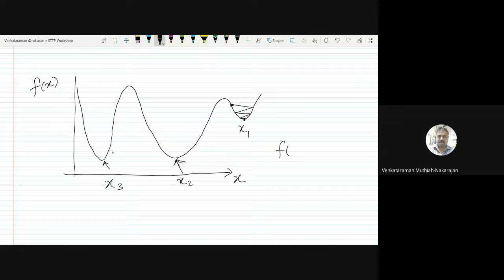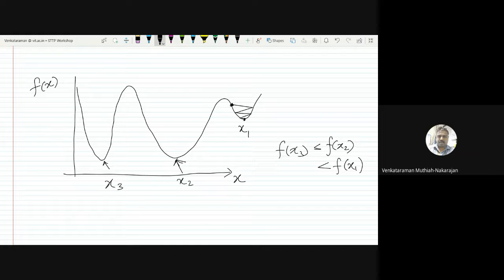So f of x3 is more or less equal to f of x2, but it is definitely lower than f of x1. You're losing f by starting at this point. It can only search around here, and it will reach f of x1, and the algorithm will give you x1, but it is not the optimal thing that we seek. Okay.